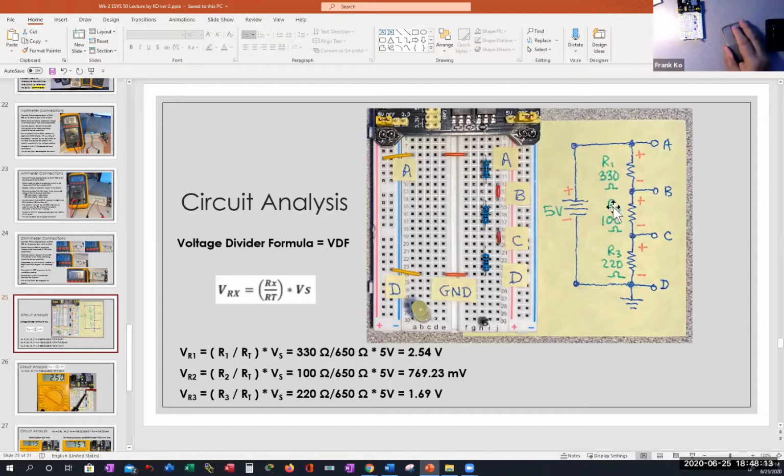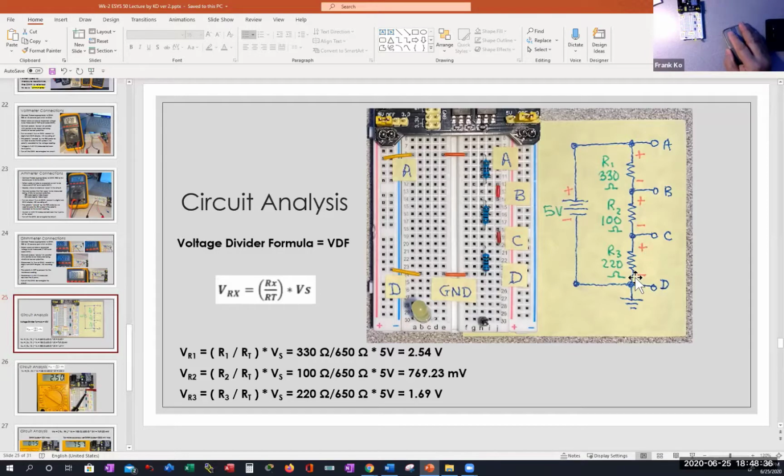Take a look at R2. The top of R2 will be positive because it is closer to the positive side of the source. The bottom of R2 will be negative. The top of R3 will be positive. The bottom of R3 will be negative.